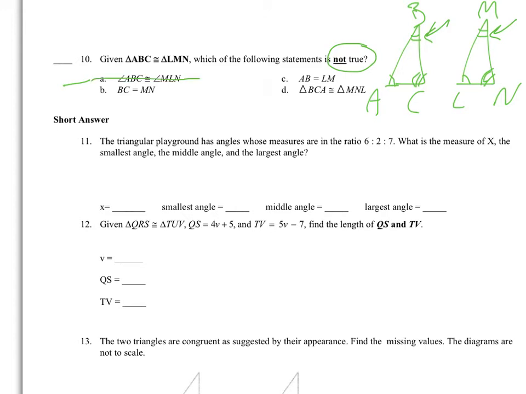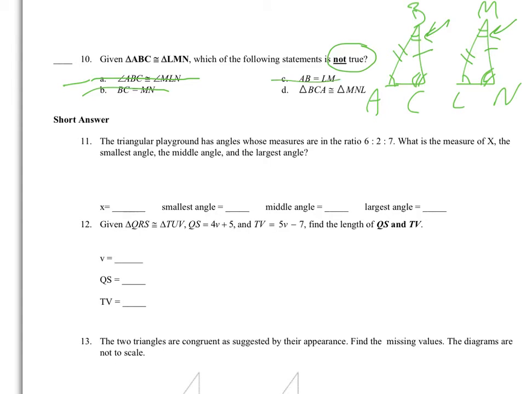BC and MN. BC would be congruent to MN. That would be true, so that's out. AB and LM. That is true. Now wait, hold on.